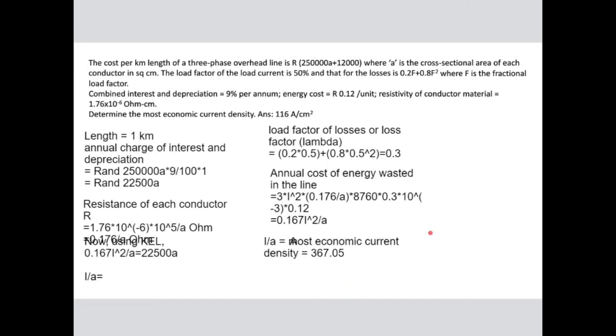Ampere per centimeter squared, because the current is in ampere, which is per unit area, and the area we are dealing with here is in centimeter squared. So ampere per centimeter squared will be the unit. Right? Did everyone get it?